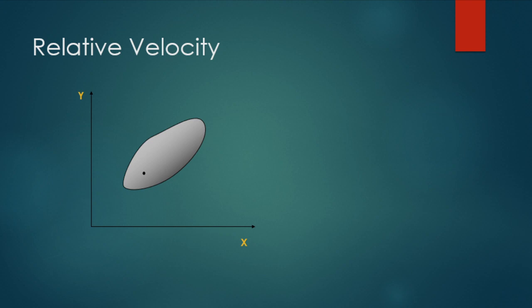And considering this point A inside your body, point A and point B. So this distance we call R, and we have an angle between them.